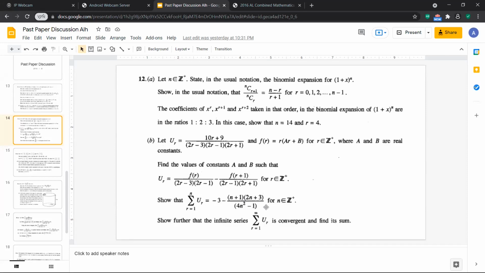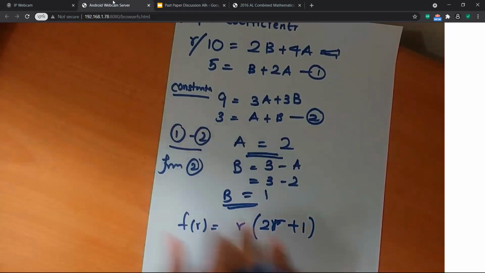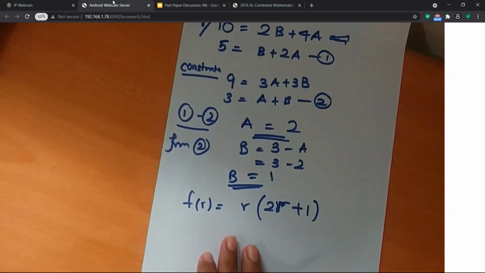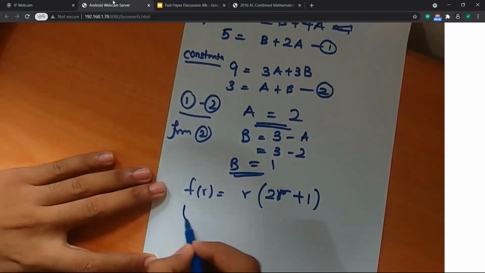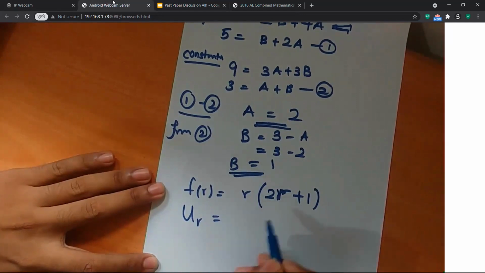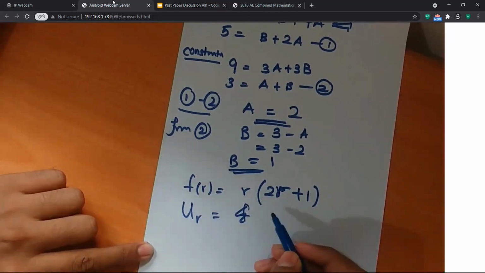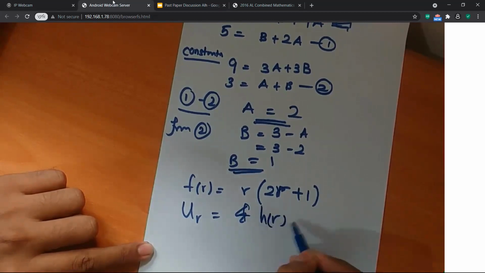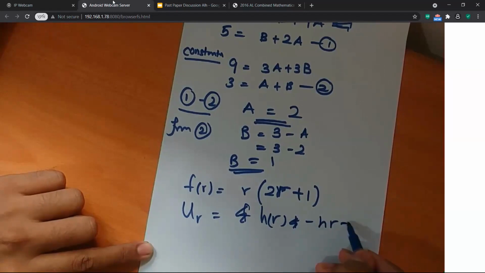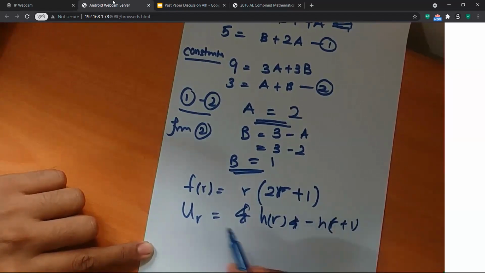Now, if you remember, if you have a summation question like this, the usual form is you write u(r) in terms of two terms. So let's say h(r) minus h(r plus 1). If you write it in this format and then you substitute values.